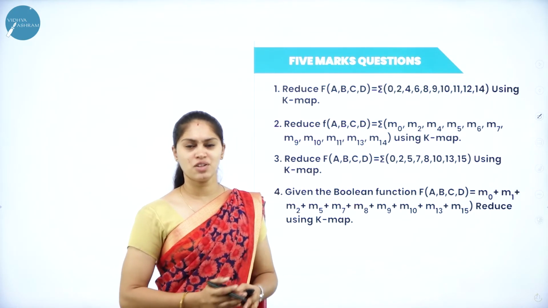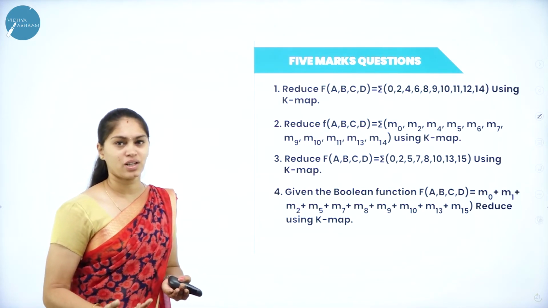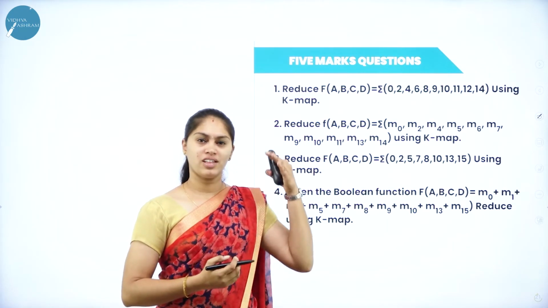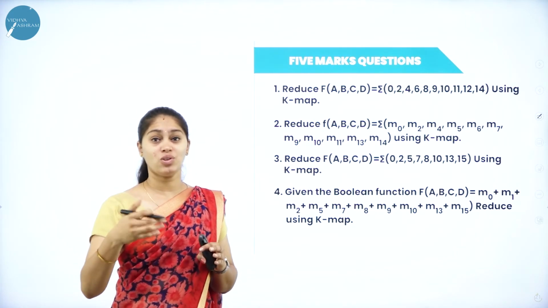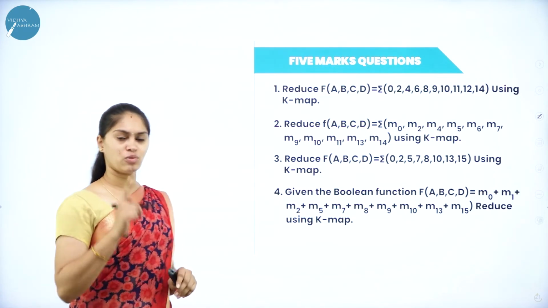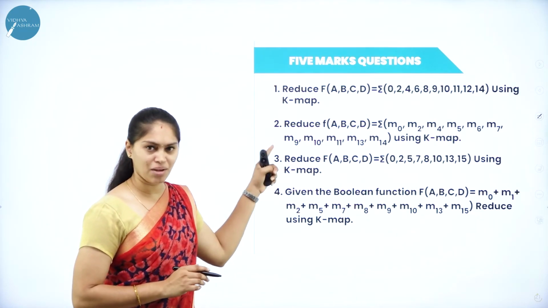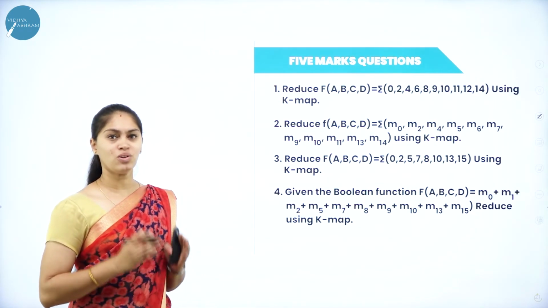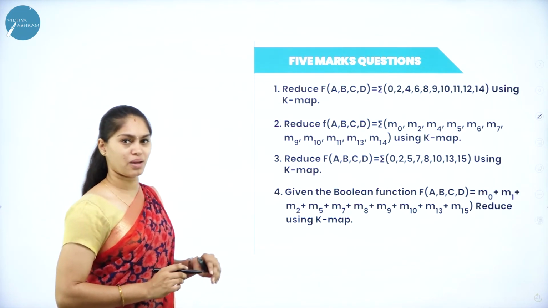There is no other possibility, or else they may give you 5 laws, right? Define commutative law, define absorption law. That kind of question you may get. Apart from that, surely you are going to get one Boolean algebra question, that is one reduction of a Boolean expression using K-map, or one related to De Morgan's theorem. Only those 2 possibilities are there when it comes to the 5 mark question.